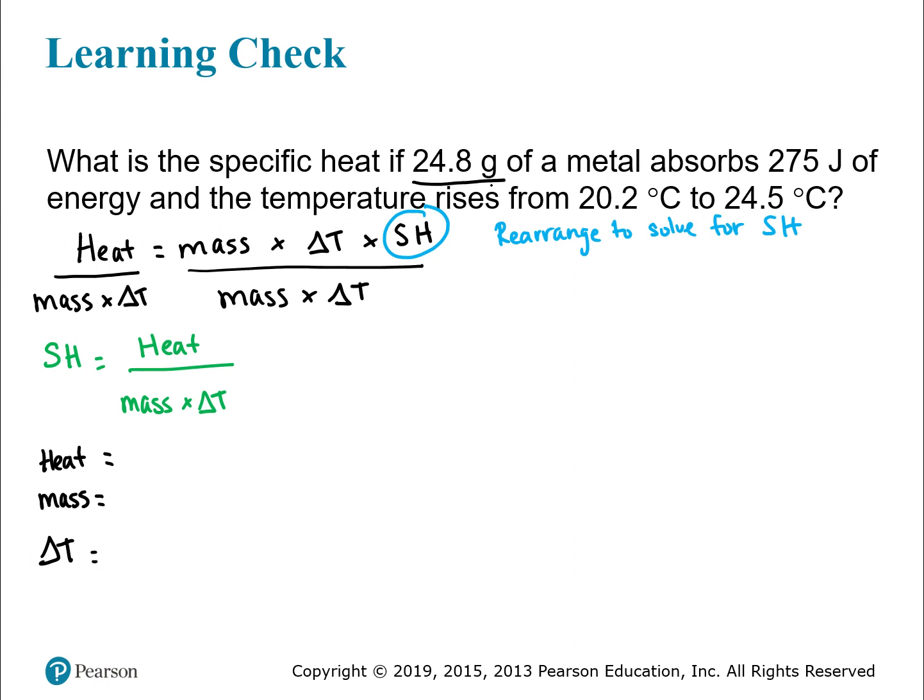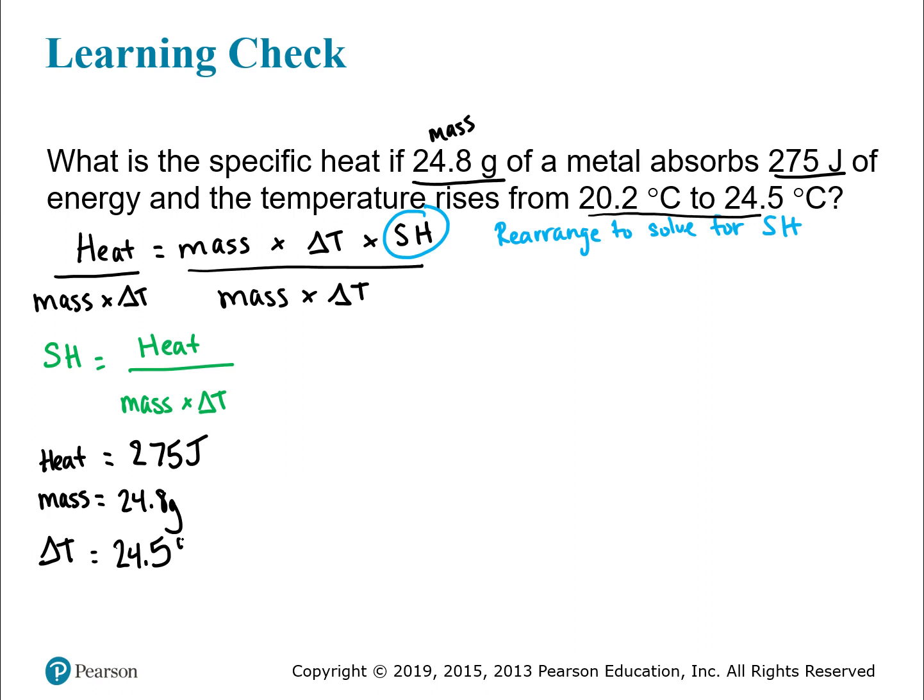The first number we encounter is 24.8 grams of a metal. That's a mass. Absorbs 275 joules. We know joules means energy, right? It says of energy. 275 joules. That's our heat. The temperature rises from 20.2 to 24.5. The change in temperature is the difference between those two.